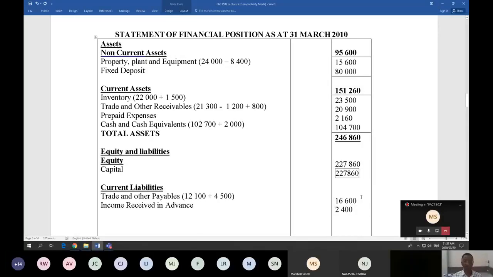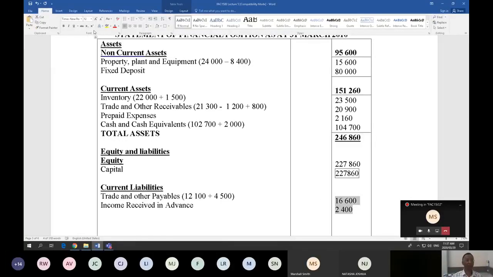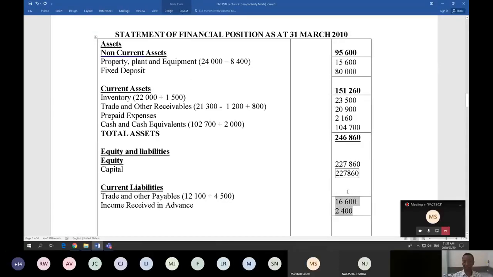That was the amount of income received in advance, which you will show separately. You block that now to give you a total of your current liabilities. Add the two, and your current liabilities is the amount of 19,000 Rand.